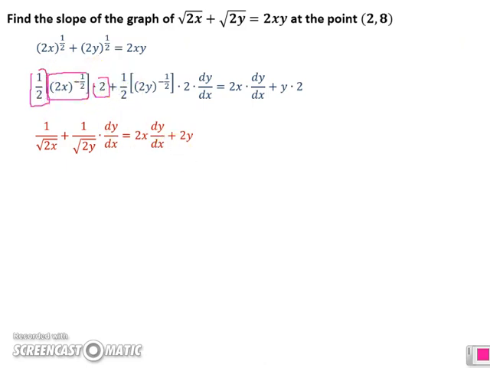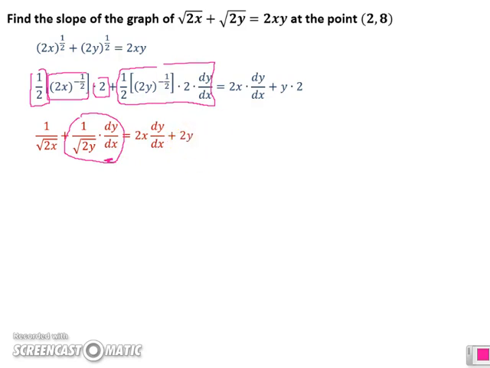Everything's being multiplied right there, so the 2 and the 1/2 are gone. Same thing happens here, except we have that dy/dx going on. So now this is one term together. And on the right side, 2x dy/dx is one term, and then 2y is another term.